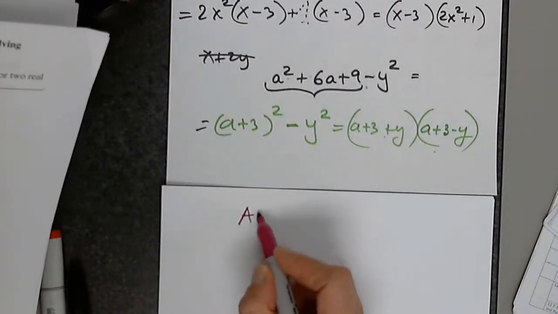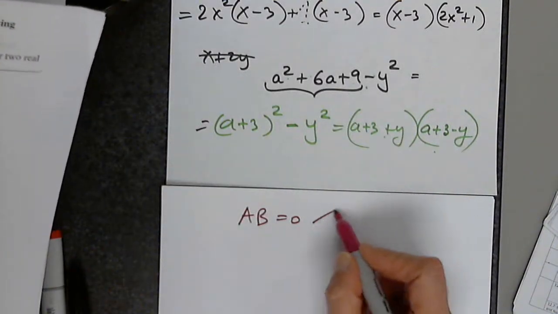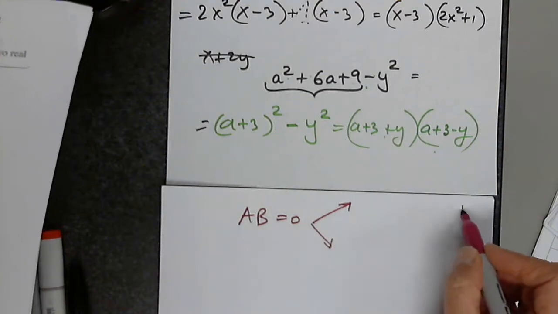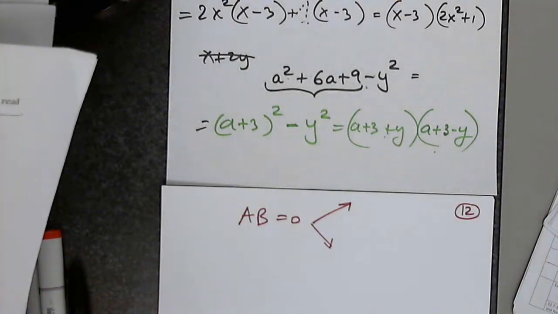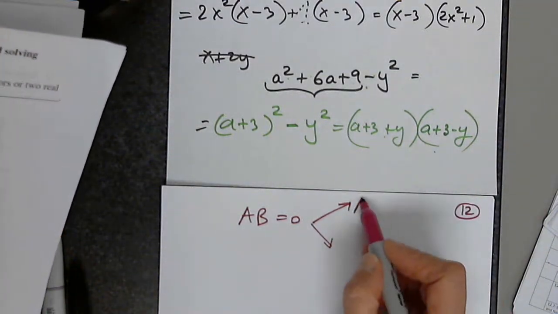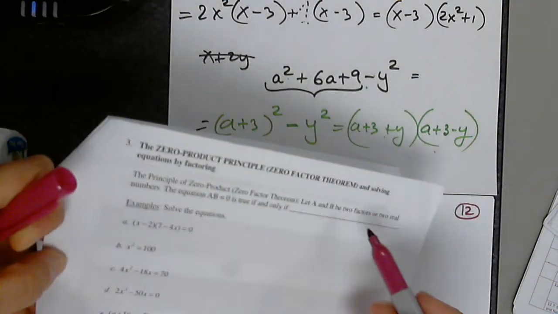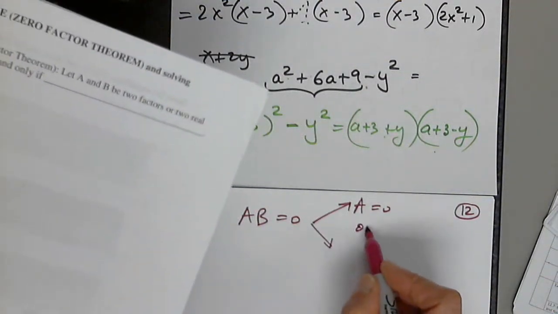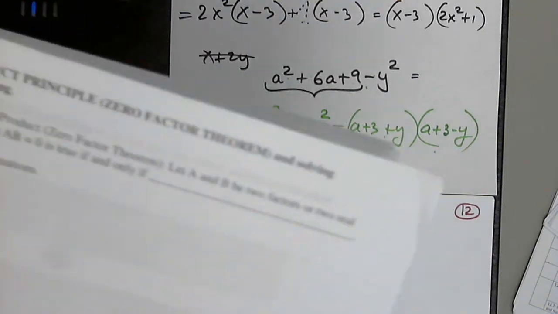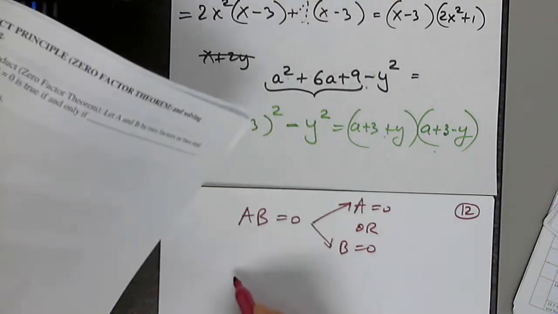So if I have a times b is 0, what can happen? Exactly, you can fill it in. If a is 0 or if b is 0.